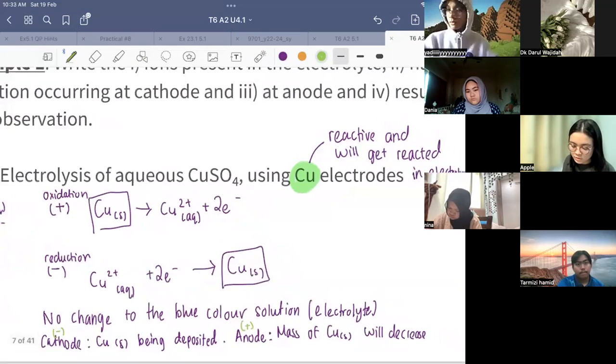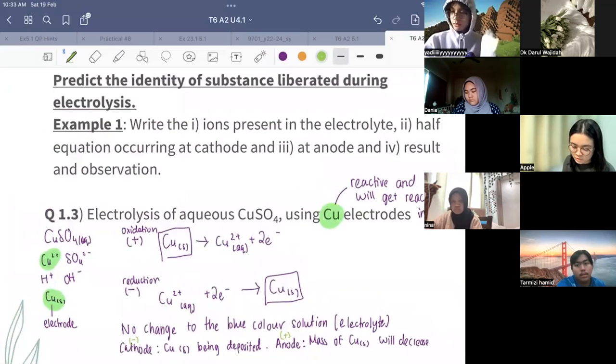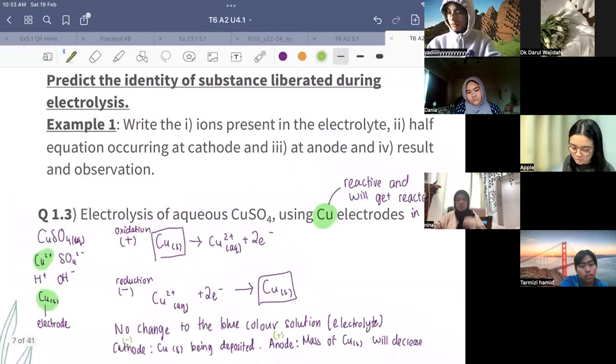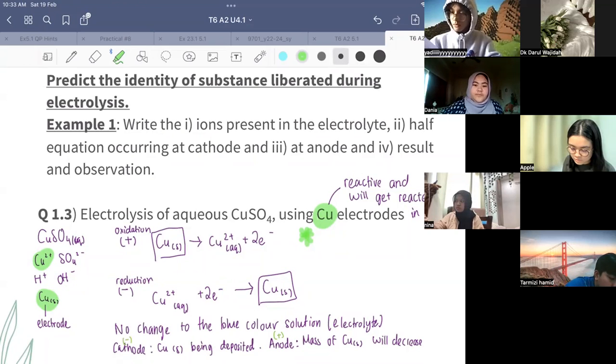I will let you copy that out. So this is the main difference if we're using a non-inert or a reactive electrode compared to if we use an inert electrode like platinum or carbon, where we would observe oxygen gas being produced. Is everyone okay so far?